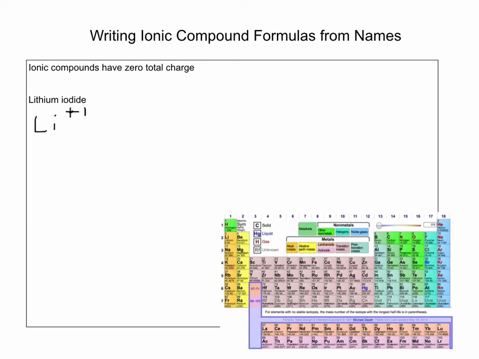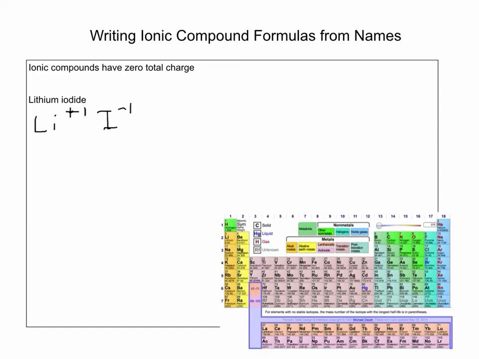Now I also see that I have iodide. Iodide comes from iodine, which is in group 17, and all of these elements have a -1 charge. So I'll write I, -1. So I have lithium +1, iodine -1, and remember the total charge here has to be 0. So what do I do next?